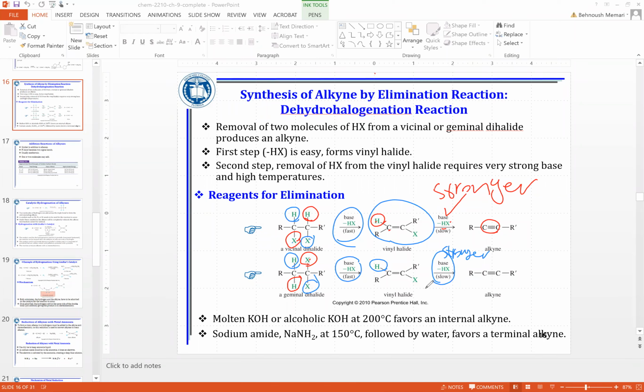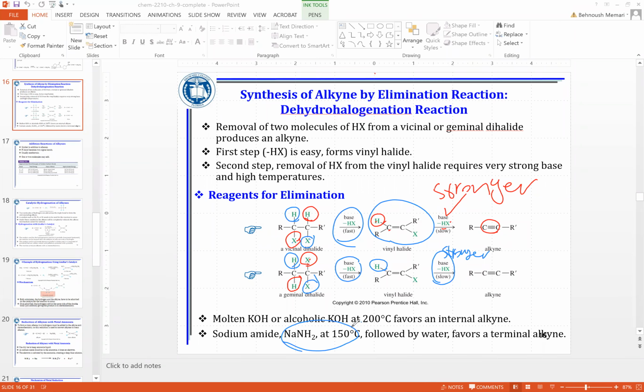For an elimination reaction, heat favors the elimination. The amount of heat that you are using here is about 200 degrees Celsius or 100 degrees Celsius, and then you are using sodium amide.